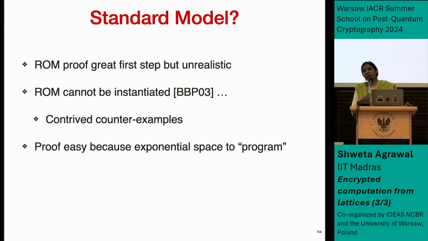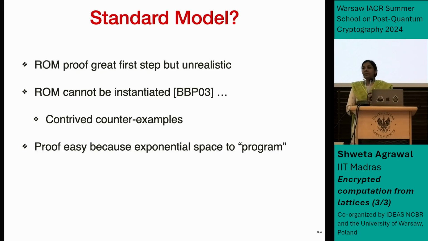And from the more mathematical perspective, the reason that people don't like the random oracle model is that it kind of sidesteps the whole challenge in the proof. It gives you an exponential space in which you can program things as per your wish. What we saw in this proof is that we have this table and we're able to sample our own EID, compute our UID and set it accordingly in this table.